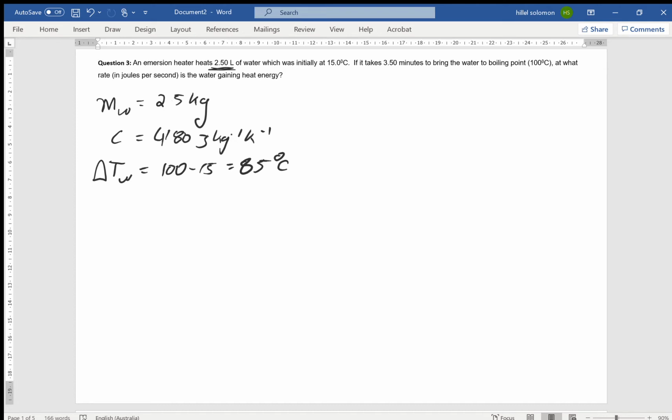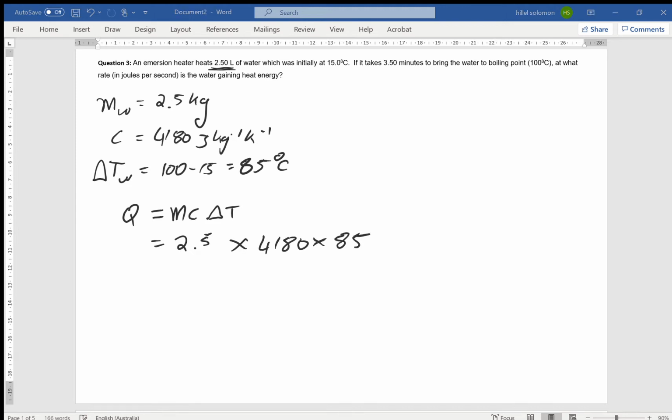Now we have m, c and delta T, so we can calculate my heat, Q, the heat gained by the water. I'm going to write down the formula I'm going to use, then substitute that in. So 2.5 multiplied by 4180 times 85.